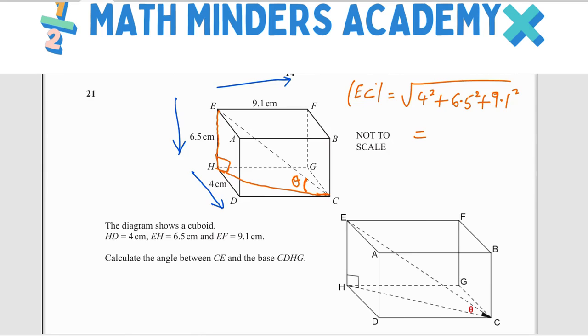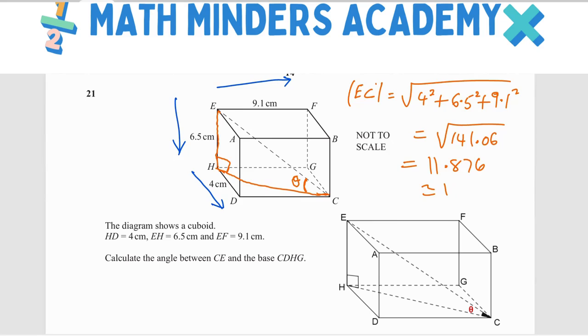We have the square root of 141.06, and that gives me 11.876. Because we are still going to use it for further calculation, we may not need to approximate right now. So let's leave it at that.